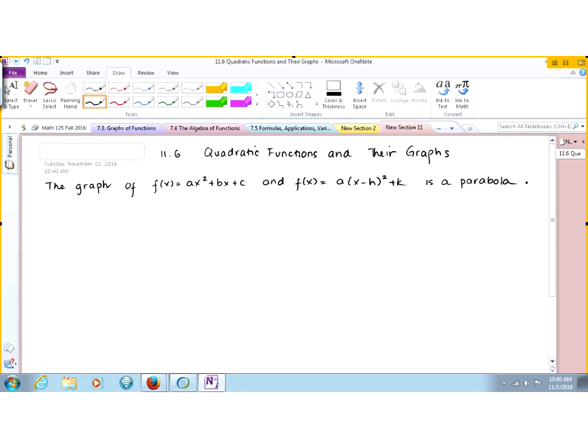If we think about a parabola, what is important in a parabola? If I have this parabola, you have what is called the vertex, and you also have the axis of symmetry.